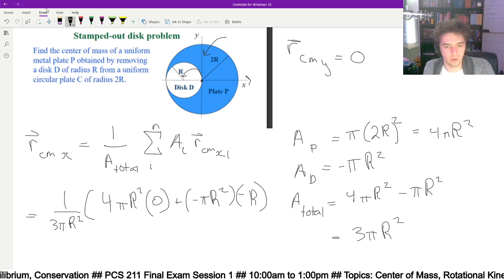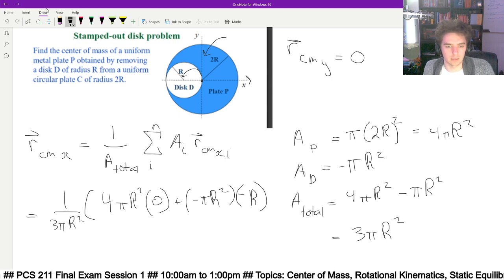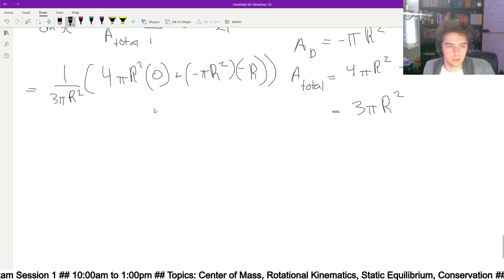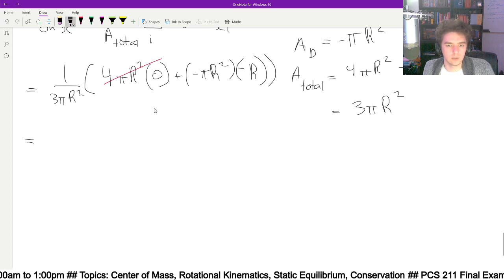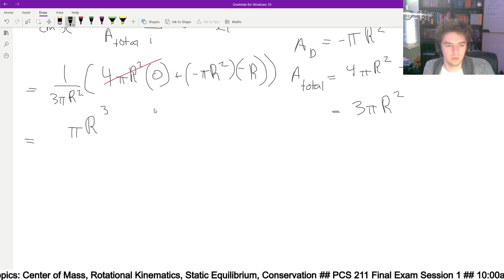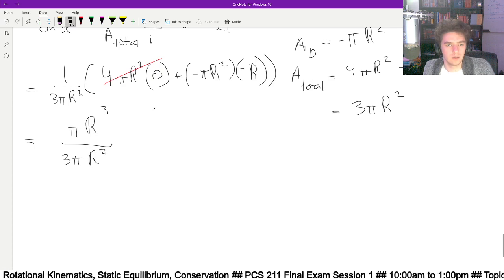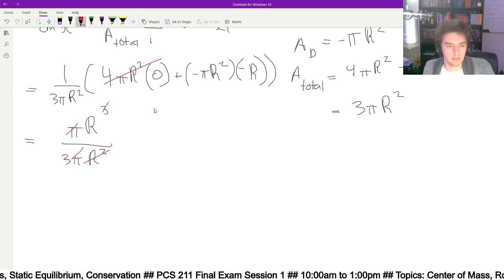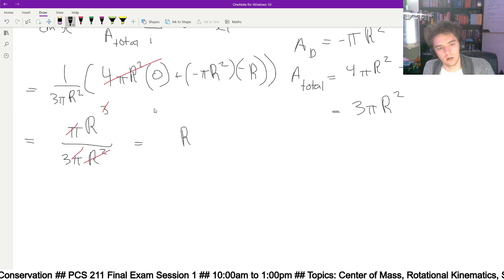And also think about it: our center of mass is going to be like here somewhere, so we should get a positive number out of this. So of course this cancels, and it's just going to be pi r cubed over 3 pi r squared. Well, the pi's cancel, and two of the r's cancel, so it's just r over 3.